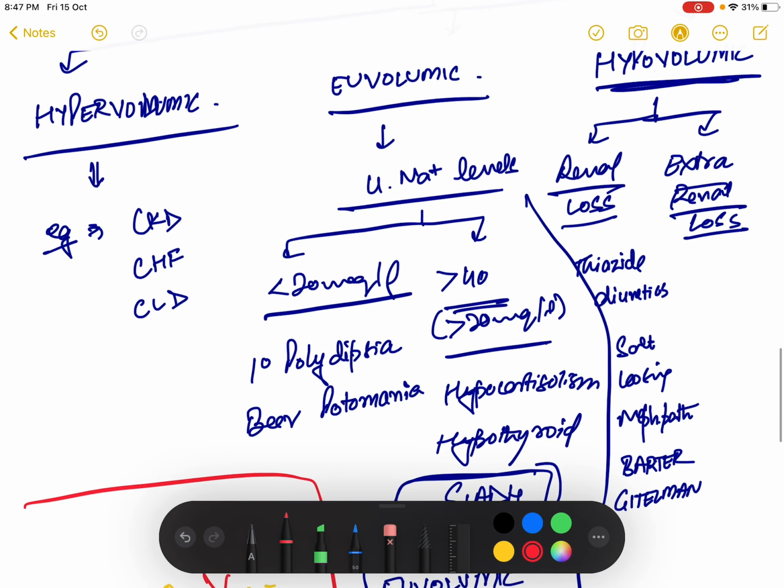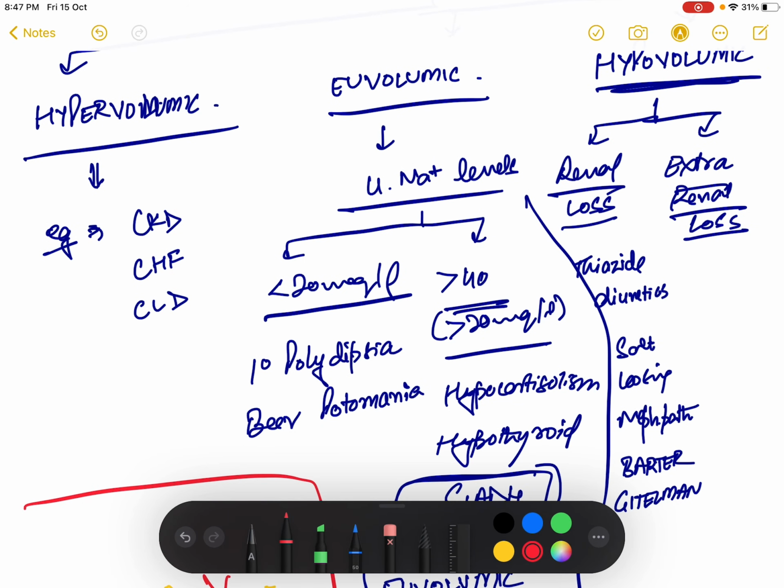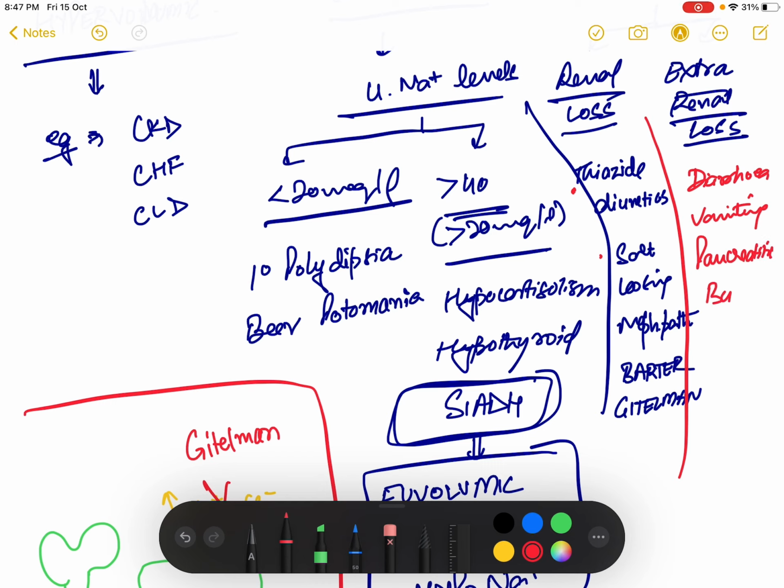Now coming back to our hypovolumic hyponatremia, so the renal causes can be thiazide diuretics, salt losing nephropathies. Okay, now what can be the causes of extra renal loss of hypovolumic hyponatremia? That is, the loss of the sodium is from somewhere else apart from the kidneys, like diarrhea, vomiting, pancreatitis, burns.